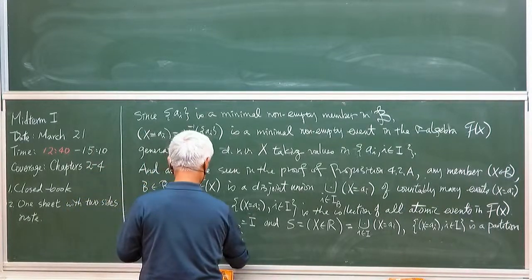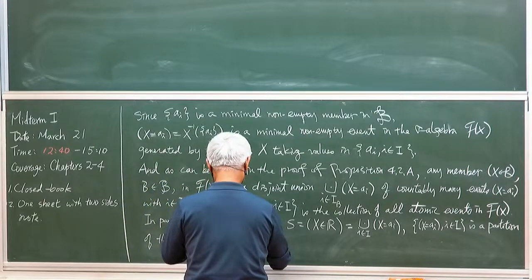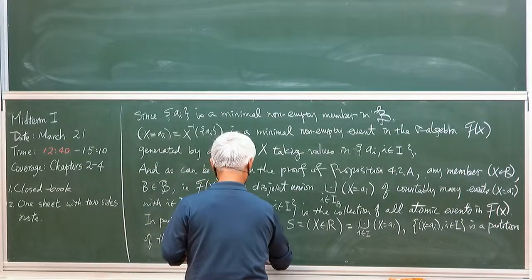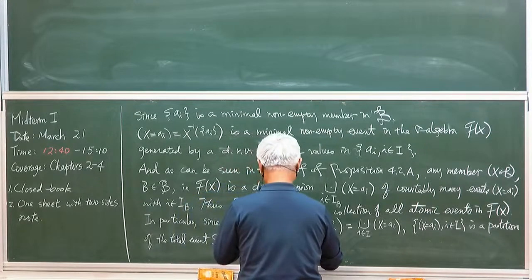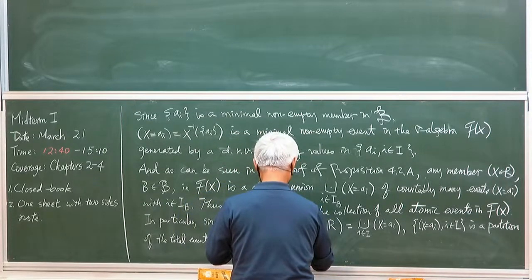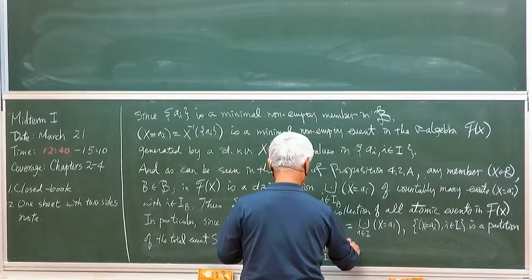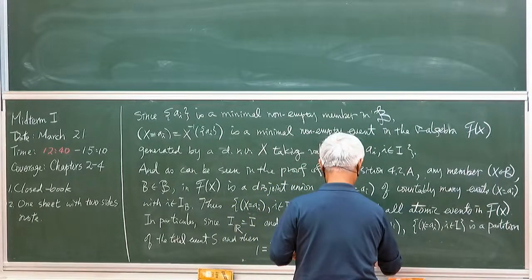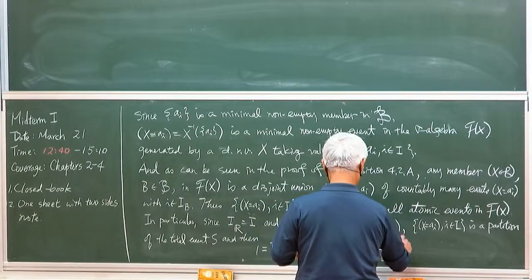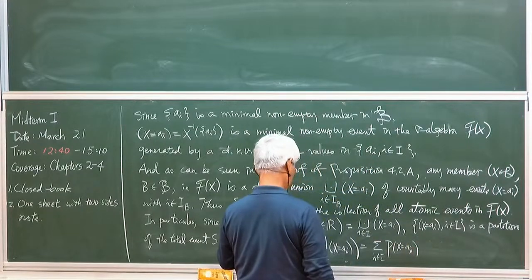And then, by the countable additivity, we know that the probability of x is the probability of the union, so this is the sum.